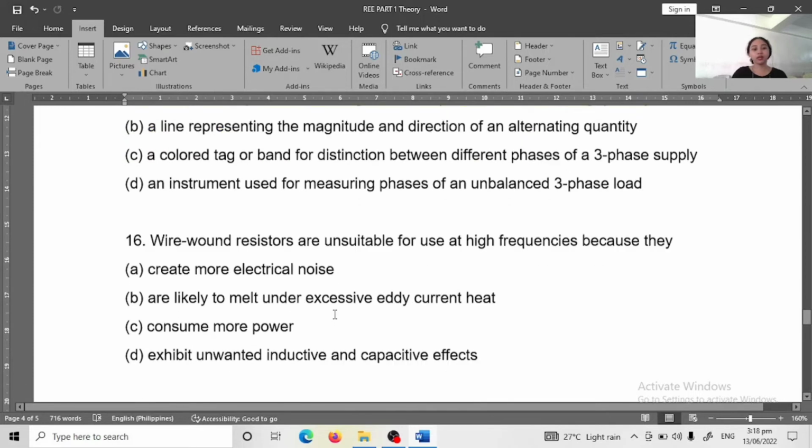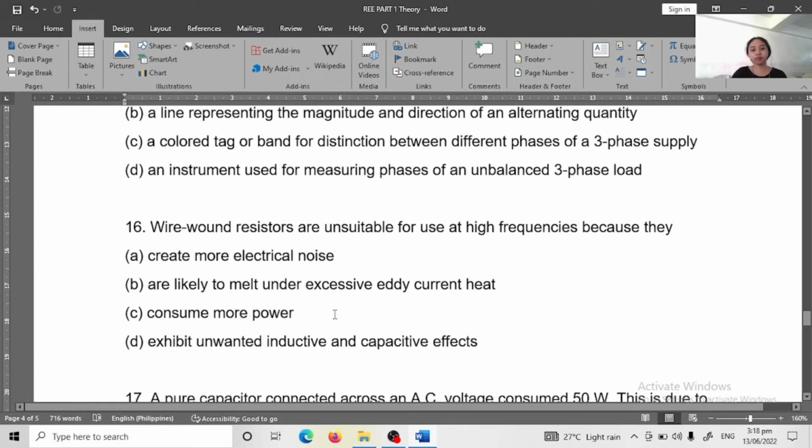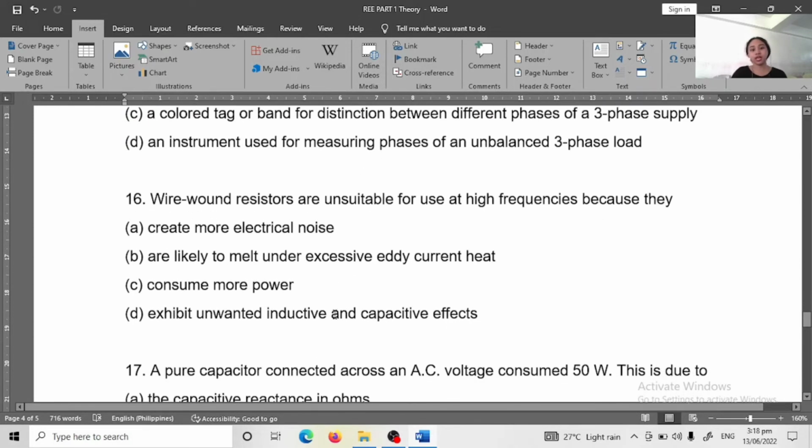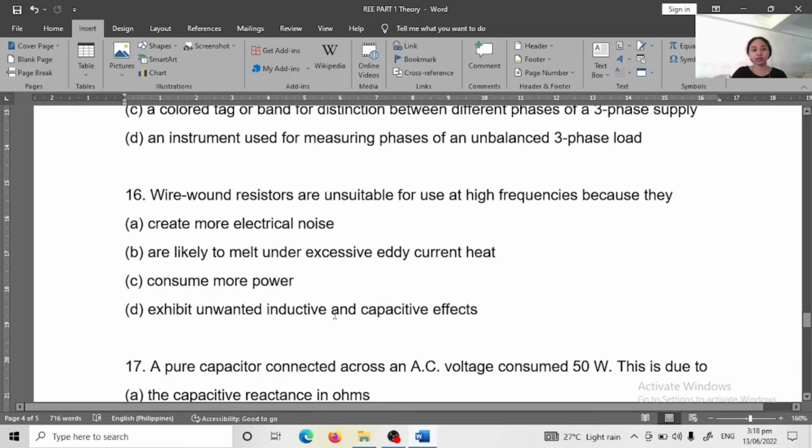16. Wire-wound resistors are unsuitable for use at high frequency because they A. create more electrical noise, B. are likely to melt under excessive eddy current heat, C. consume more power, D. exhibit unwanted inductive and capacitive effects.